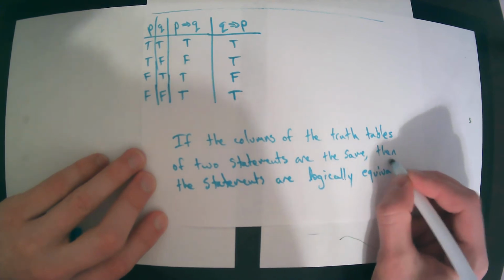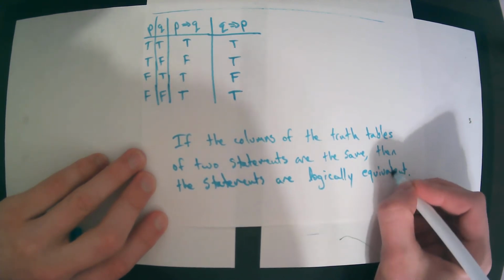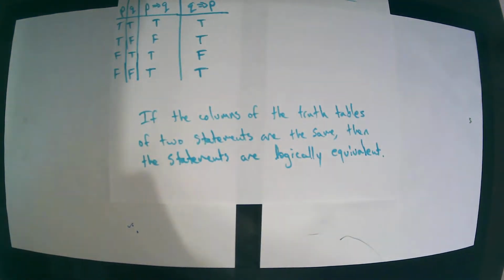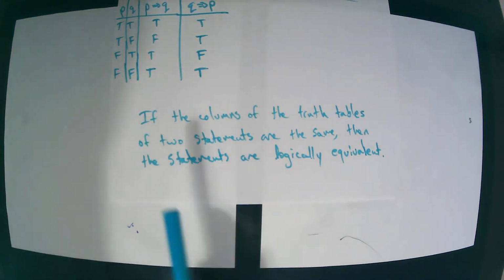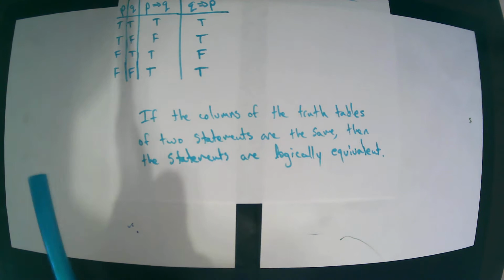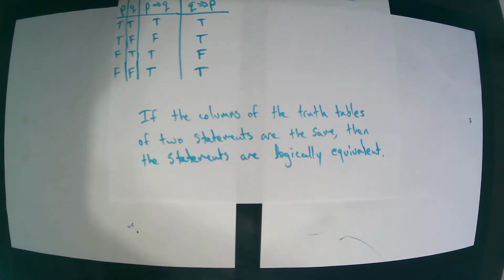Now, I've pretty much already been saying this. I hadn't written it down yet. I've been implying it the whole time. If the columns of the truth tables are the same, then the statements are logically equivalent.